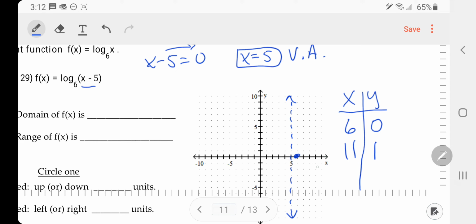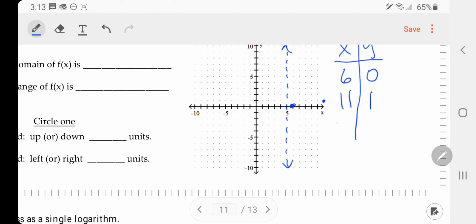So if this is minus 10, this is going to be something like here. And then if I do one more x, I'm going to do something like 5.5. I think 5.5 may give us a decent number. Let's see. Log base 6 of 5.5 is 0.95?